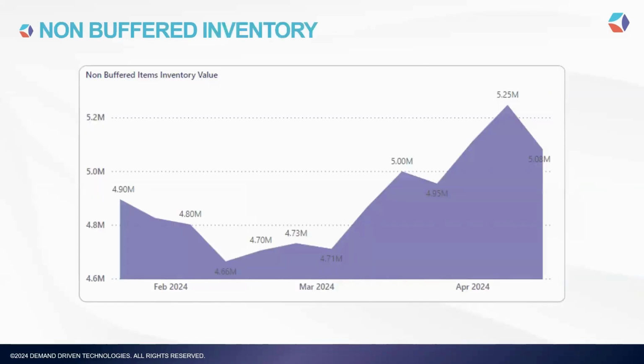Also, your non-buffered inventory. This is something to look at. If you're having big changes in your non-buffered inventory, why is that? We want to net out to 0 here. So what would cause big growth in your non-buffered? Do you have stuff that you've recently unbuffered?